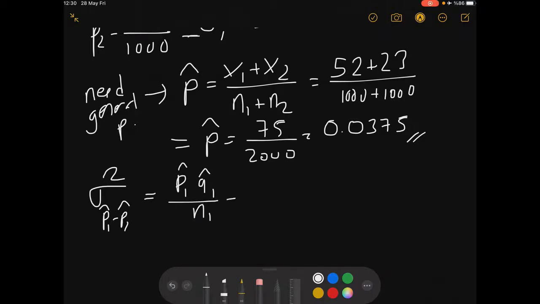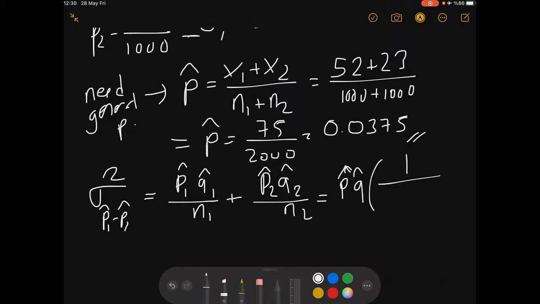Okay, this is your combined P, and your variance here for the difference should be P1 Q1 over N1 plus P2 Q2 over N2. And you put here P times Q because you combined them, 1 over N1 plus 1 over N2.